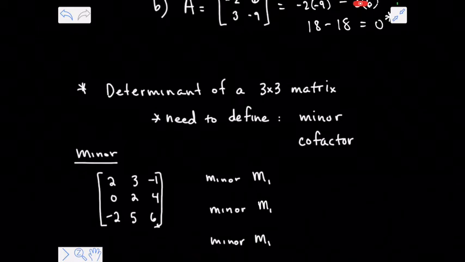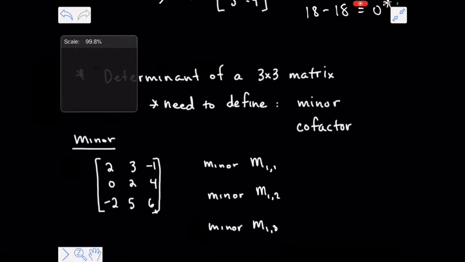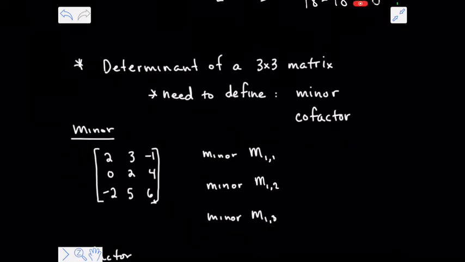We need to define what's called a minor and a cofactor. Now, let's take this 3 by 3 matrix here.